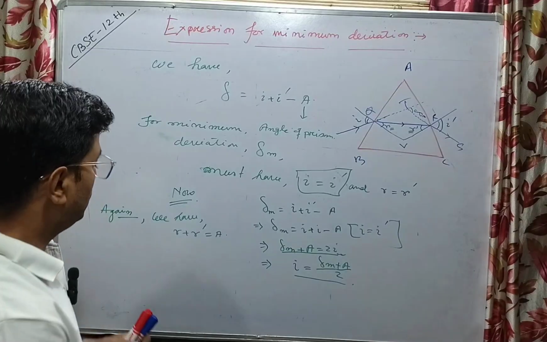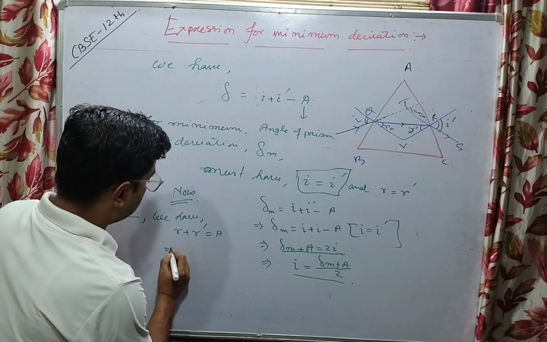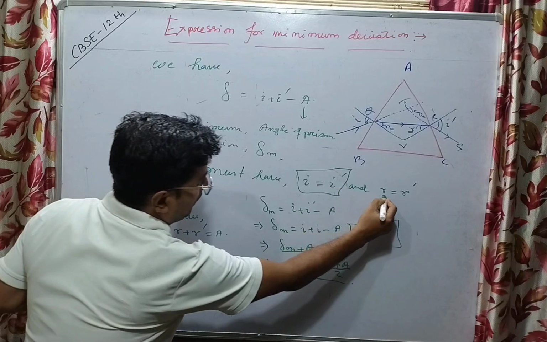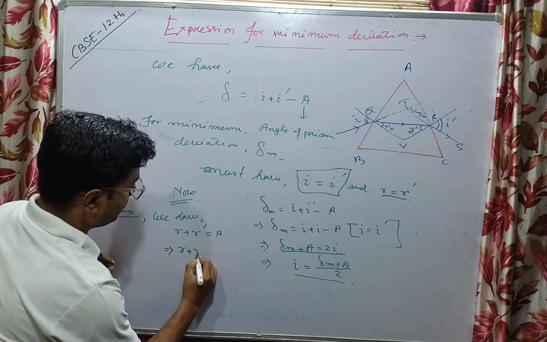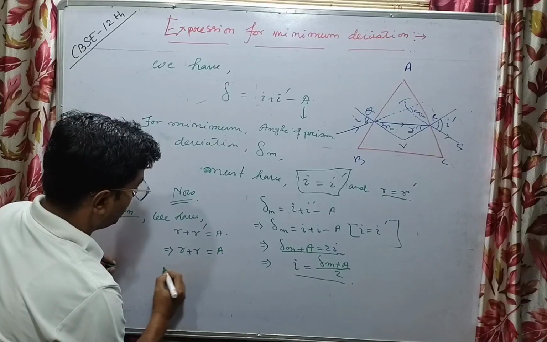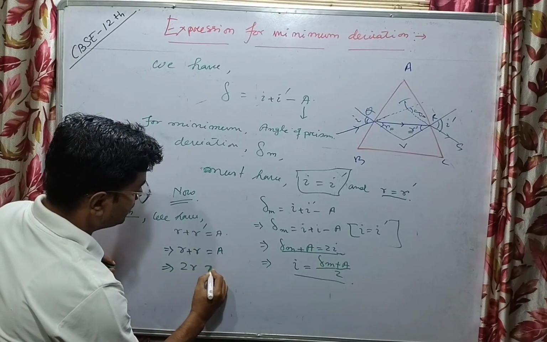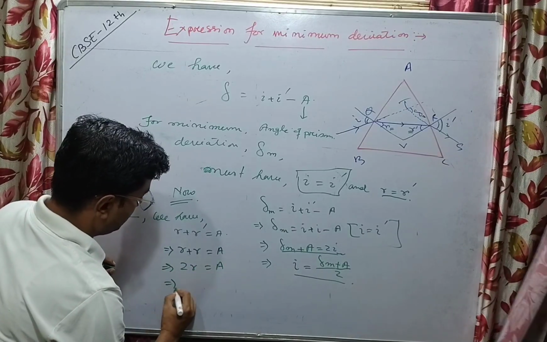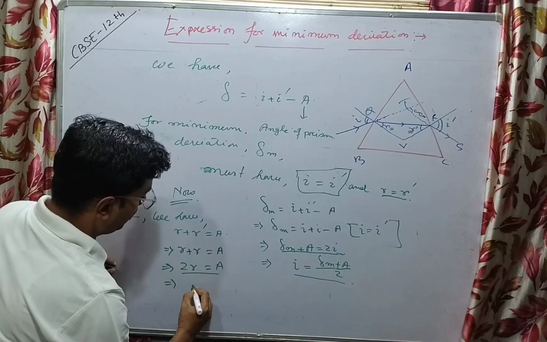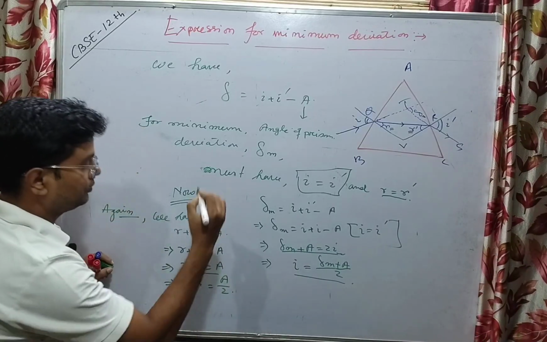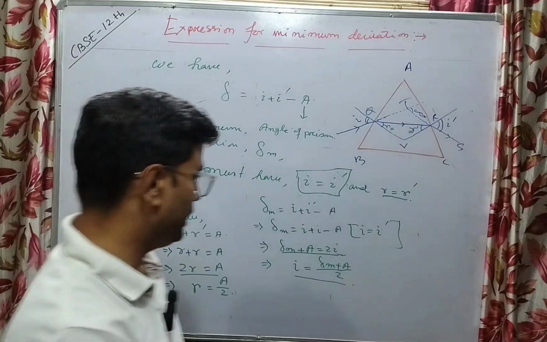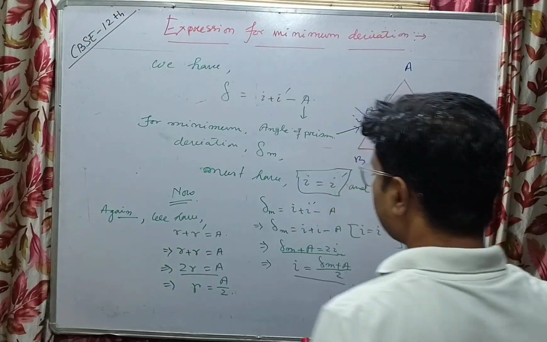Since R is equal to R dash for the minimum deviation condition, I can write R plus R equal to A. It means twice R is equal to A. From here, I can obtain the value of R: R is equal to A by 2.